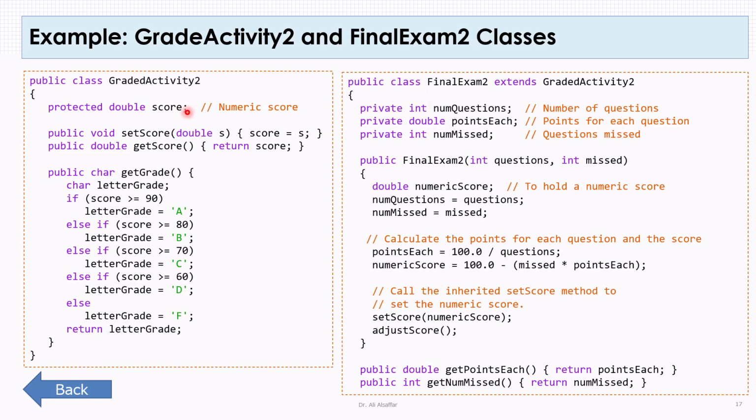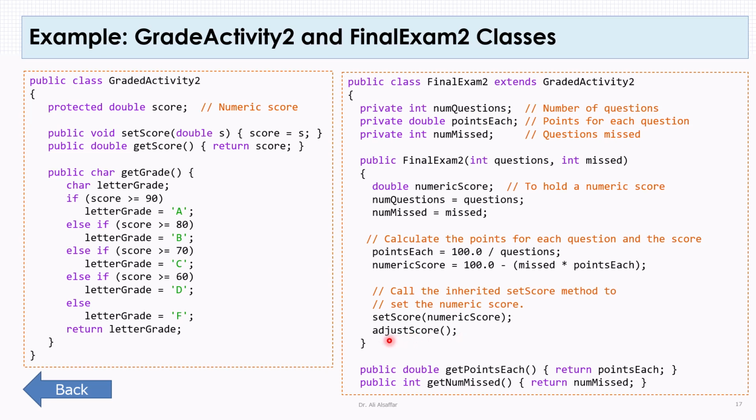So what changes have we made? The first change is that in GradedActivity, we changed the score data member from private to protected. The second change is that at the end of the constructor for FinalExam, as you can see here, we are calling an extra method that we have defined inside FinalExam called adjustScore.